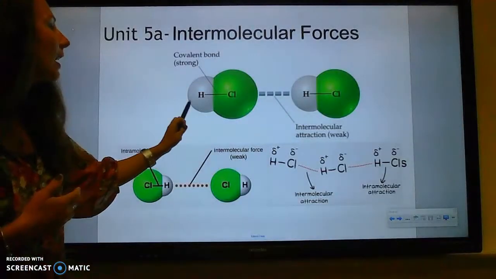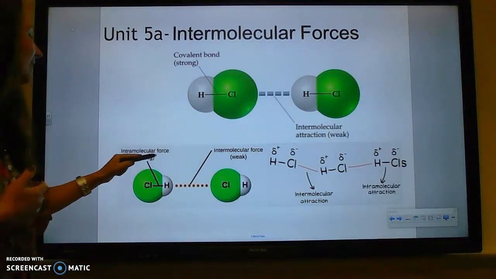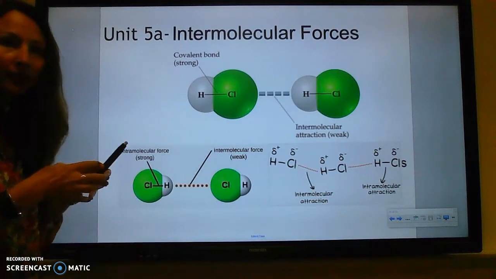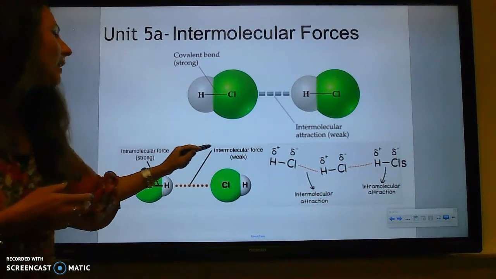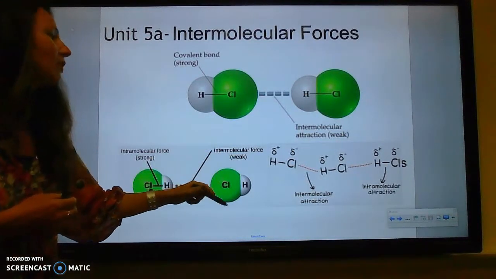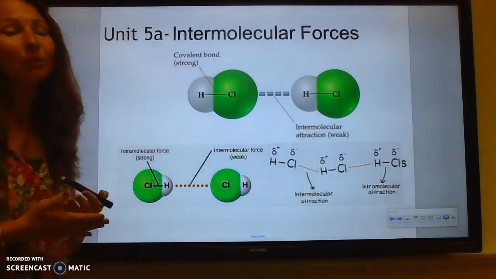So when we have a chemical bond, that is an intramolecular force within the molecule itself. Whenever we have it between two molecules, that is an intermolecular force. It's a lot weaker than an actual bond.